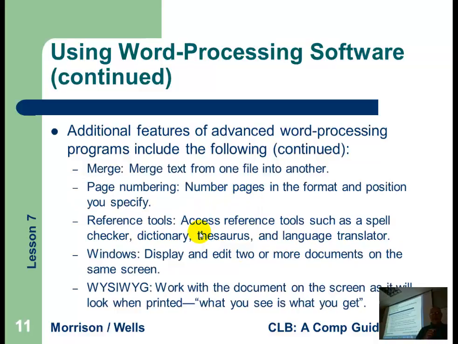We can merge text from one file to another. We can go over here and get an Excel spreadsheet that's a columnar list of names and addresses and phone numbers and zip codes and everything, and use that as a database in producing a form letter that we're going to send out to potential employers, or you're advertising, marketing something, so you can make it look very personal and to the person, and have their name inserted in the letter.